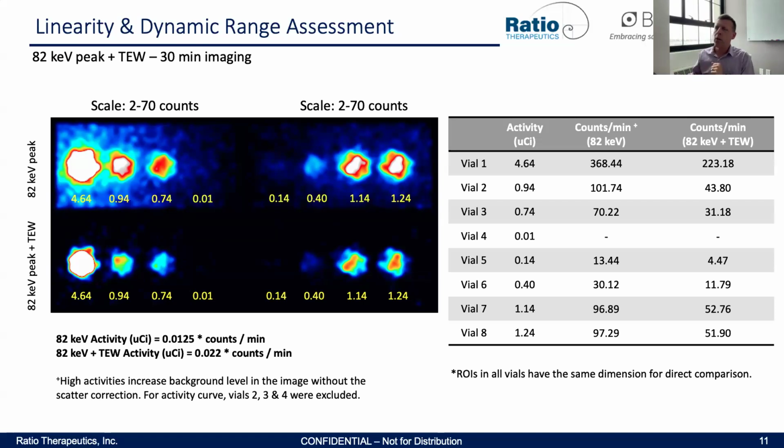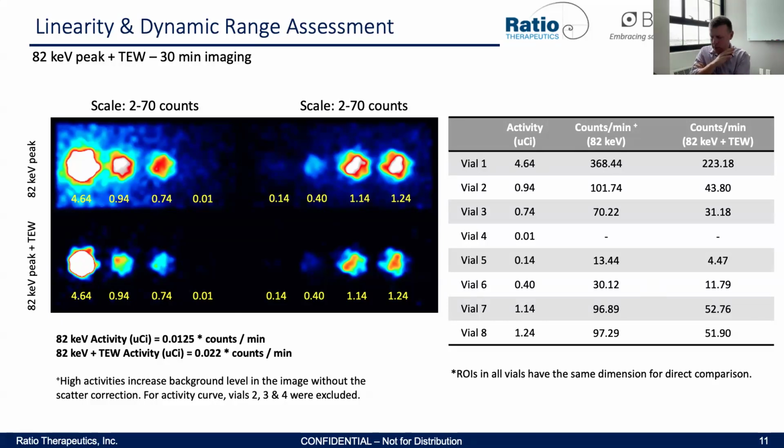So once again, we're starting with the 82 keV peak that's at the top row, and the 82 keV with the triple energy window scatter correction on the bottom row. And we see estimates of the counts per minute. We'll have a graph of this in a couple slides because it can be hard to judge those linear relationships by eye.